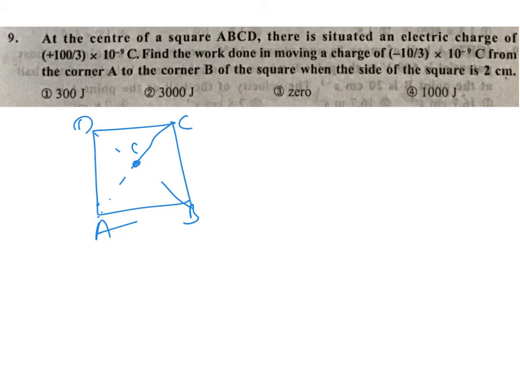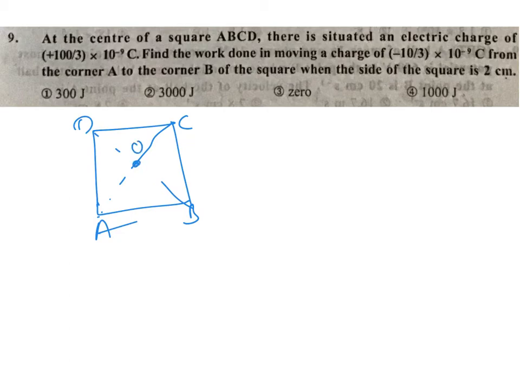That is the question, correct? So let me use the free body diagram now. Square ABCD, and there's an electric charge at the center. This is the center O.